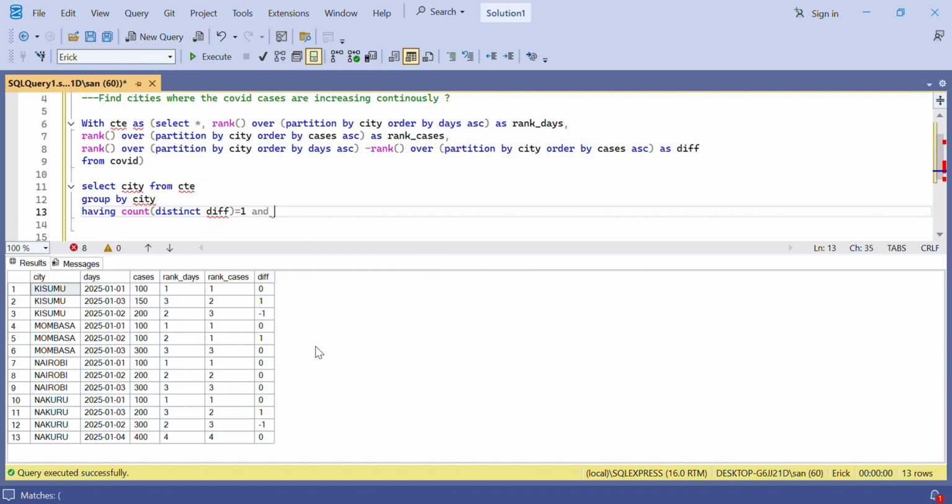If you take the average of diff in each city, for Nairobi the average of these zeros will give you 0.